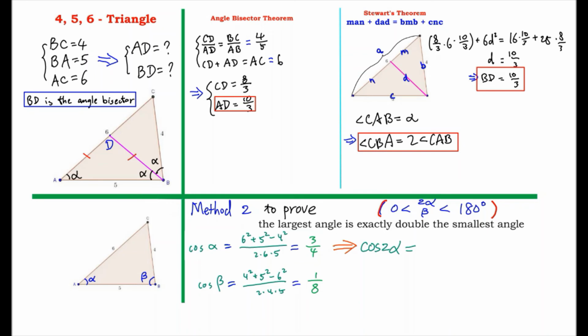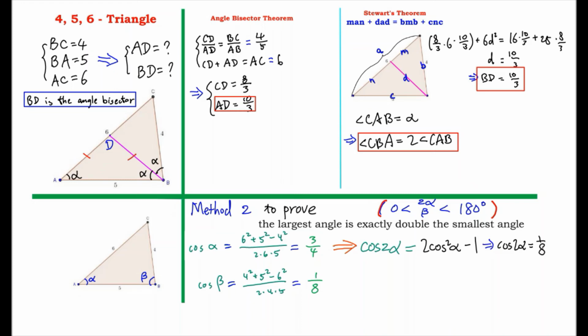Now, using the formula cosine of 2 alpha is equal to 2 cosine squared alpha minus 1, I'll be able to find out that cosine of 2 alpha equals 1/8.